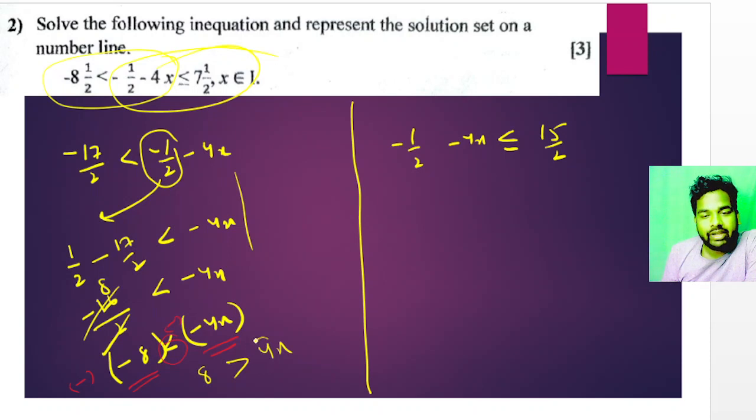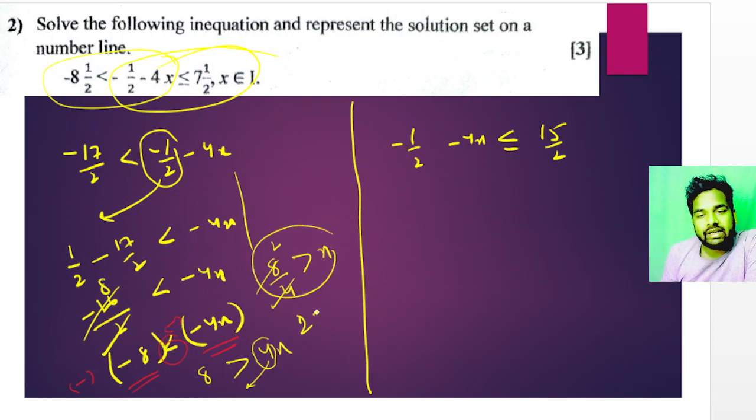Okay, and from here you just take this 4 and bring it to this side. So we can write 8 divided by 4 is greater than x. So it is going to be 2. So we can write this equation, that is 2 is greater than x, or you can write x is less than 2. It is going to happen like this: x is less than 2.